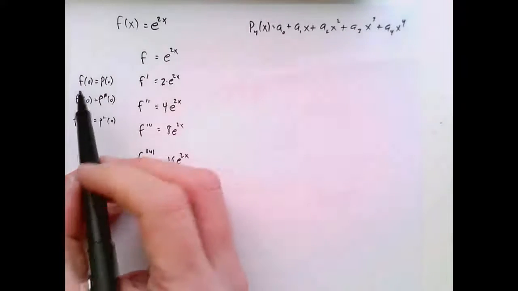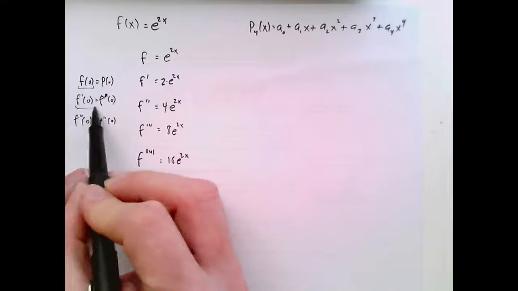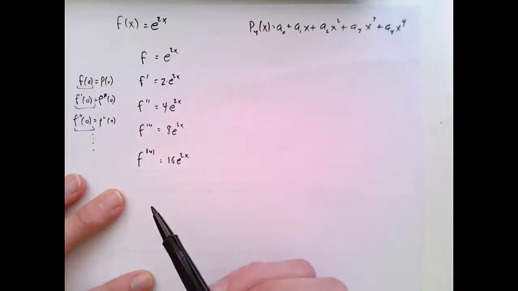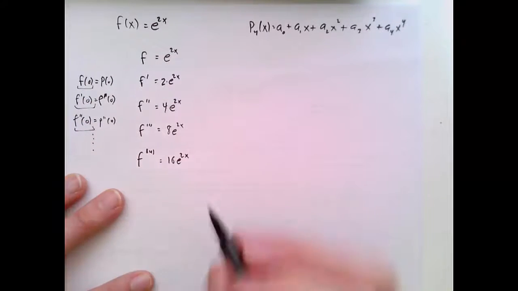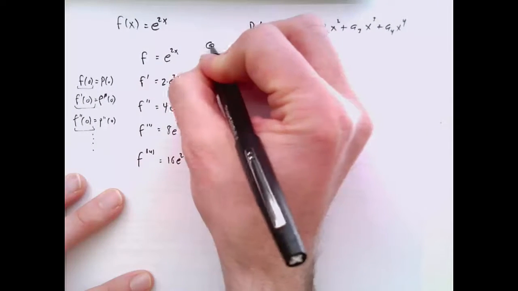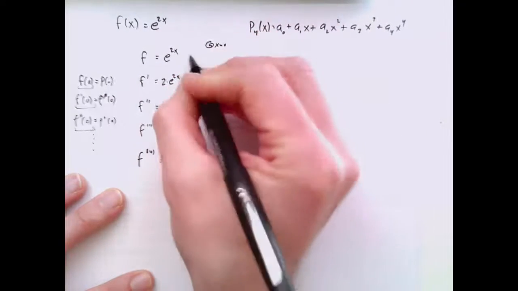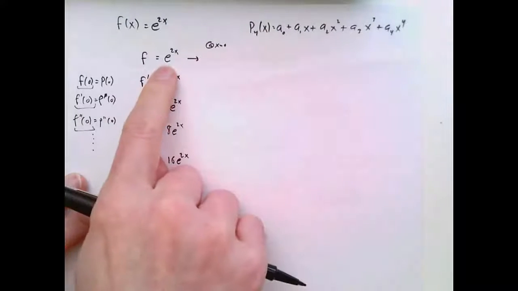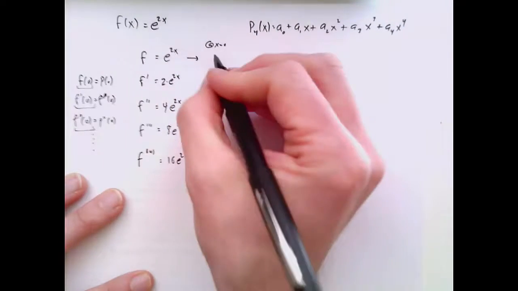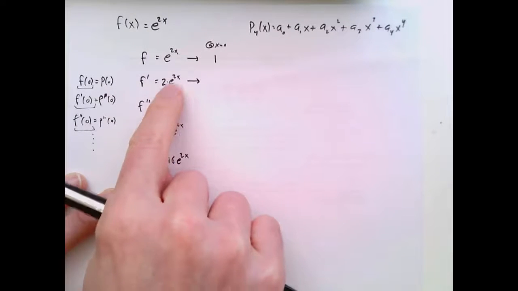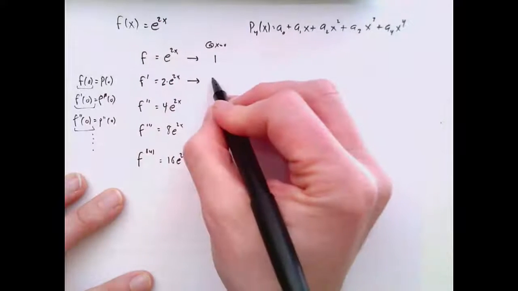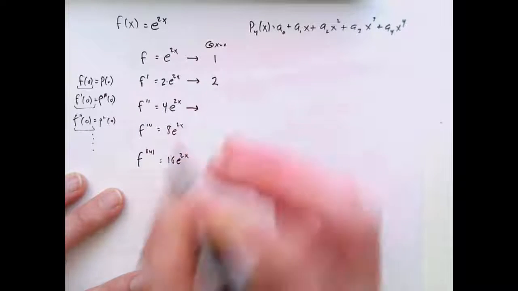But remember, I want to evaluate each of these derivatives at x equals 0, because I'm setting all of these things equal to each other at x equals 0. So when I plug in 0 up here, I get e to the 0, which is 1. I plug in 0 up here, I get e to the 0, which is 1, but now I've got 2 as a coefficient.